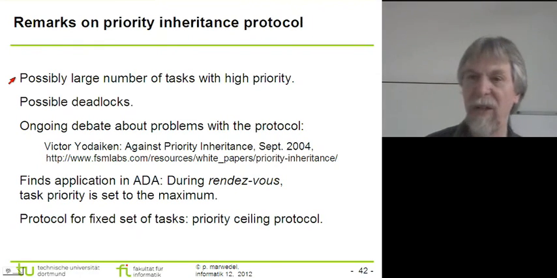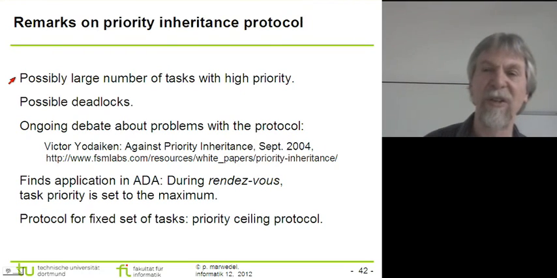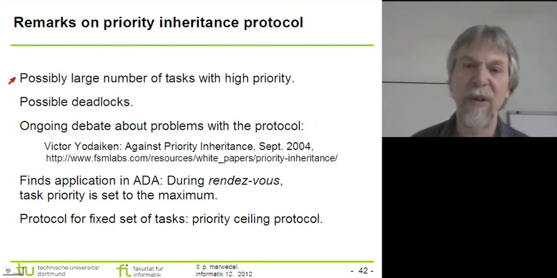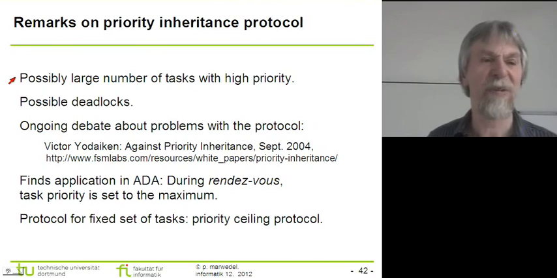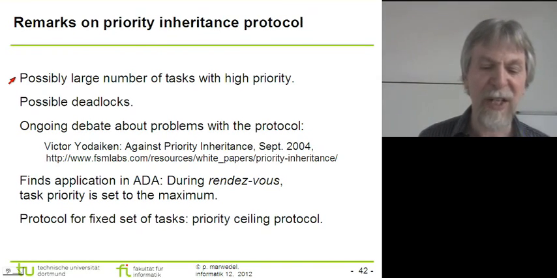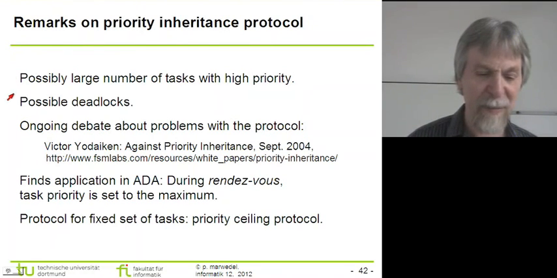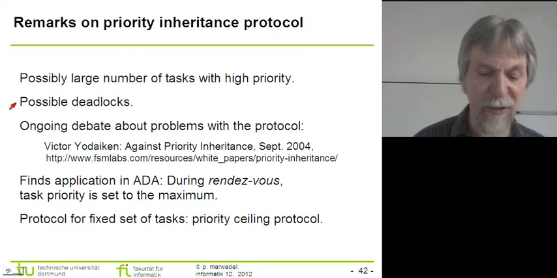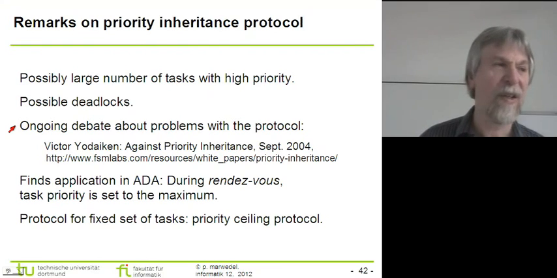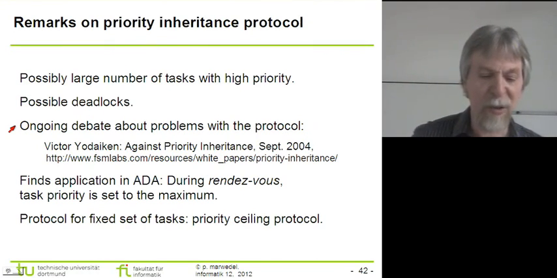I think you can imagine that there could be a situation where many tasks are requesting access to a common set of resources, and if all of them are requesting access to a common set of resources, in the end, it's very likely that all of them will run with the highest priority, which of course is not very nice. We see that deadlocks are still possible. There are certain papers that discuss the limitations and the problems with that protocol.